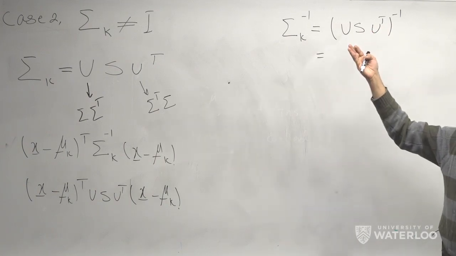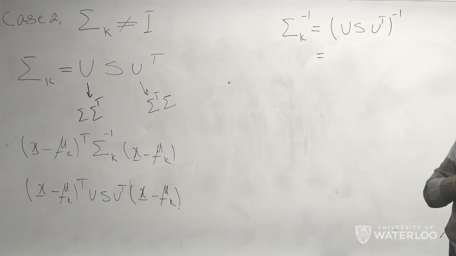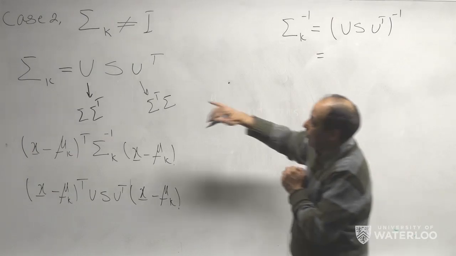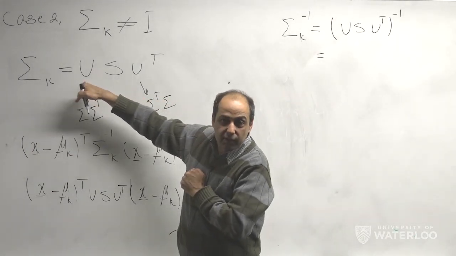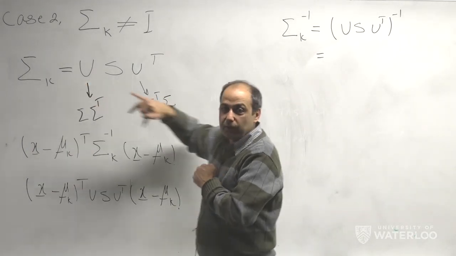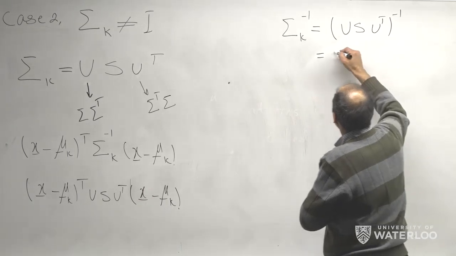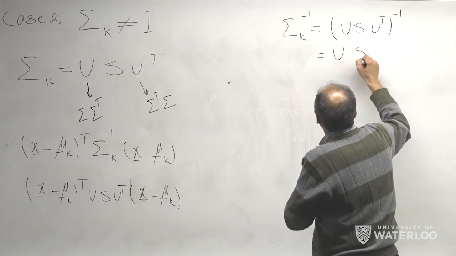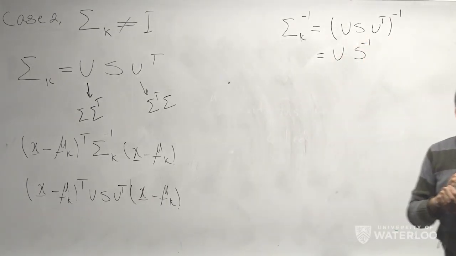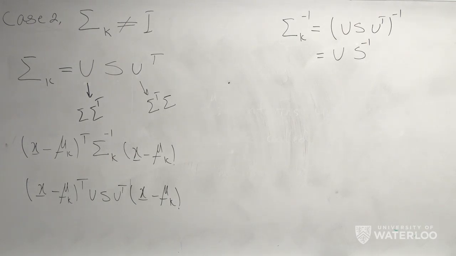It's U. Why is it U? Because U is an orthonormal matrix, right? U is an orthonormal matrix because it's a result of singular value decomposition. It's orthonormal, so the inverse of U transpose would be U. Then this S inverse is a diagonal matrix with positive values.